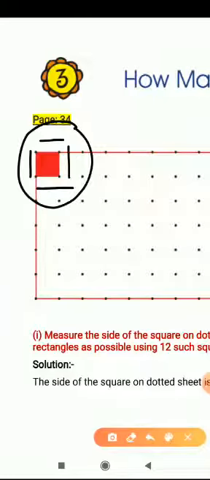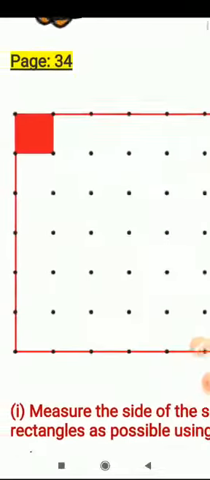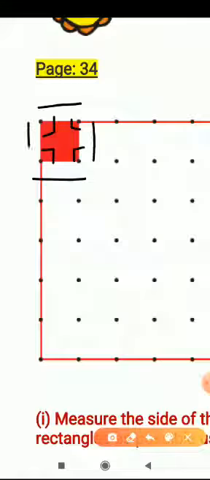And it has 4 angles, 1, 2, 3 and 4. In this, all 4 sides are equal, and 4 angles are also equal.